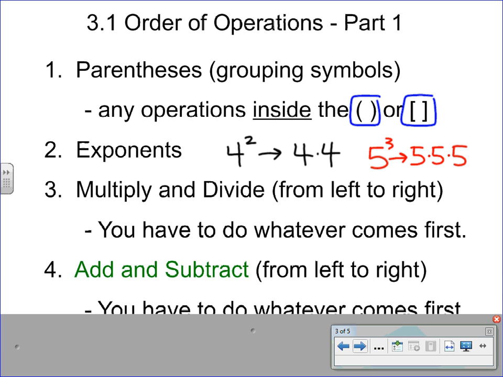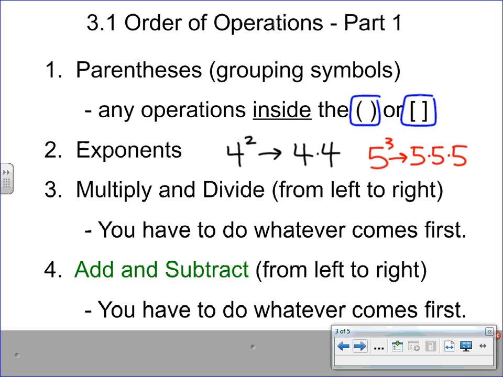Similarly, our step 4 is add and subtract. Not in that order necessarily, but from left to right, whatever comes first. So I've got add and subtract in green because that's the step that we're going to focus on in part 1. We're just going to look at order of operations problems that include adding and subtracting.